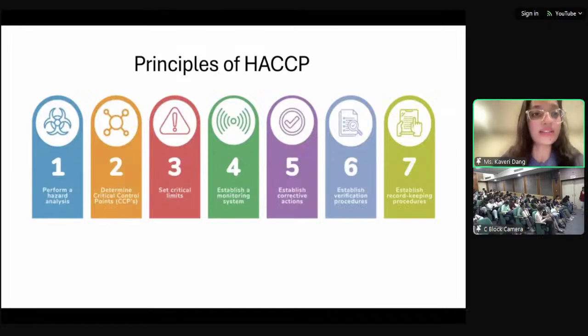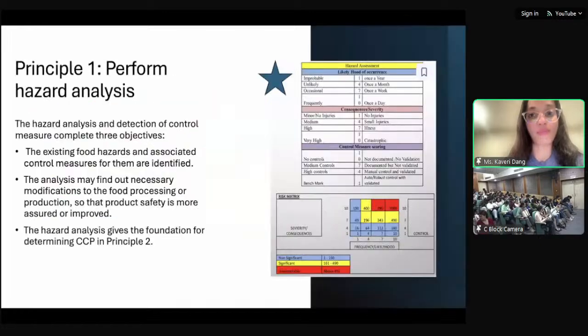So we discussed five basic elementary steps for HACCP, and now we'll be discussing our seven principles of HACCP. I will be discussing these one by one. So number one is perform hazard analysis. Hazard analysis and detection of control measures complete three objectives.